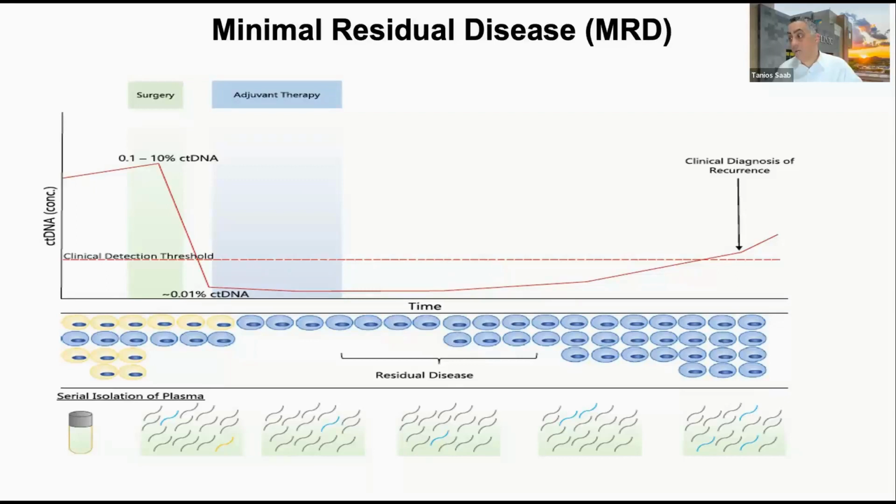And the most pressing question for our practice is, what do you do with a patient who has MRD positive disease and yet nothing on the scan or anything evident per se? Today, we don't have that answer.